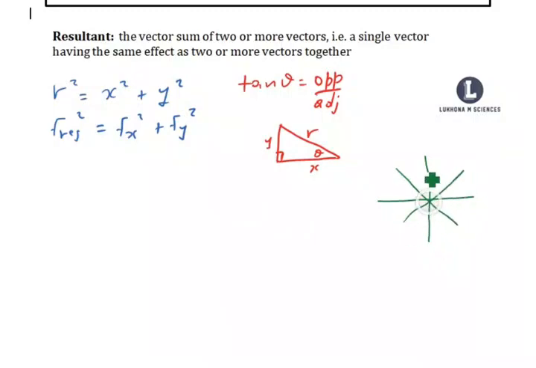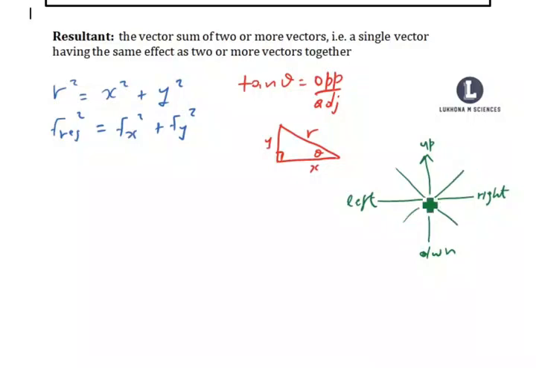We know that this one is upwards, let me just say up. This one is right. This one is downwards, down. Then this one is left.